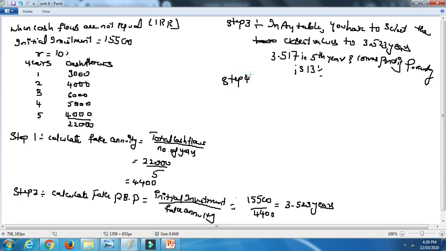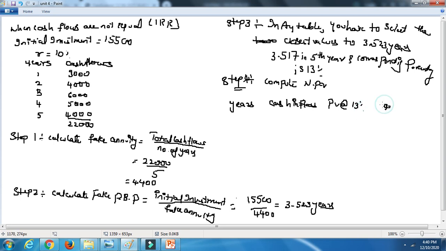Step 4 is nothing but compute NPV. So the columns are years, cash inflows, PV at 13%, total PV.